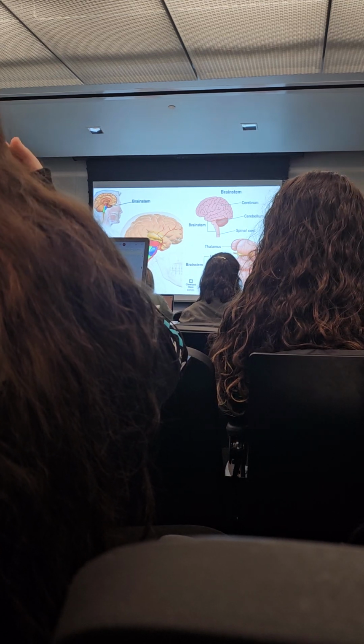Cranial nerves 5 through 8. Your medulla oblongata contains motor fibers. It brings motor fibers from the brain to the spinal cord and sensory fibers from the spinal cord to the brain.